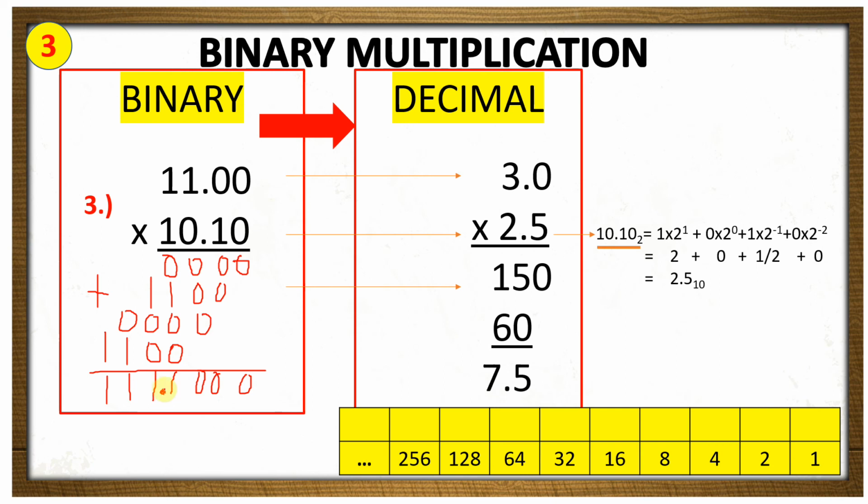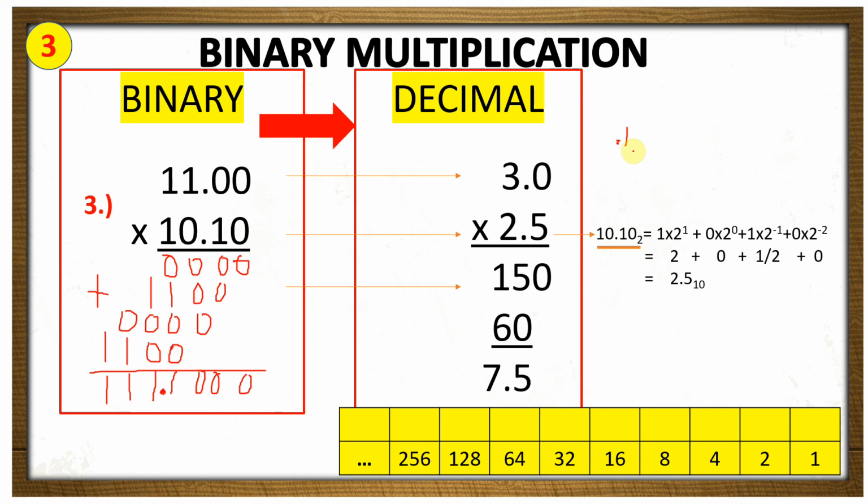Okay, so this time let us check if this is correct. Three 1s, actually this 111 is 7. The 1 is on, 2 is on, and 4 is on, so that's 7. 0.5 actually is this one, point 1.